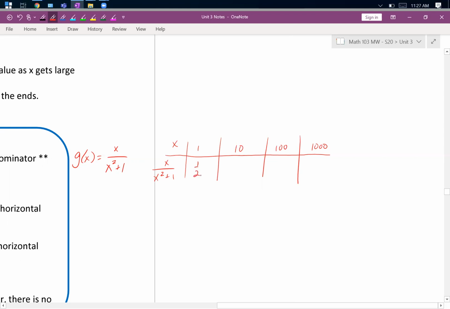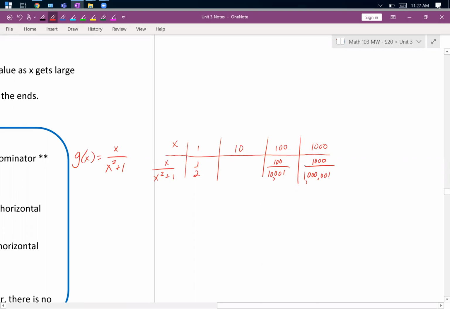If I plug in 10, I'm going to get 10 over 101. If I plug in 100, I'm going to get 100 over 10,001. If I plug in 1,000, I'm going to get 1,000 over 1,000,001.